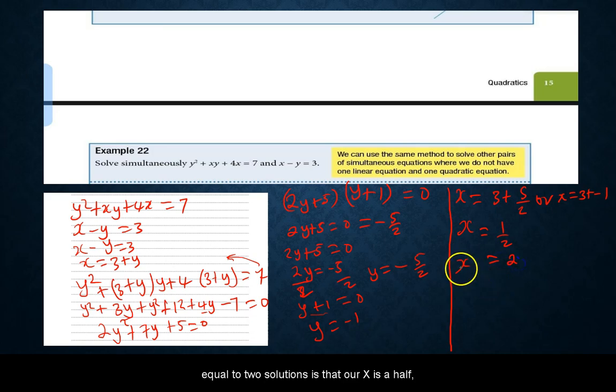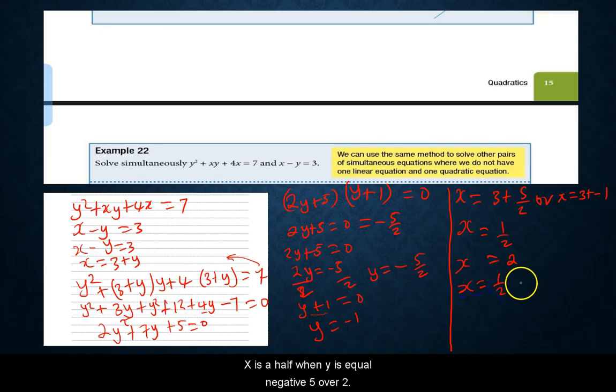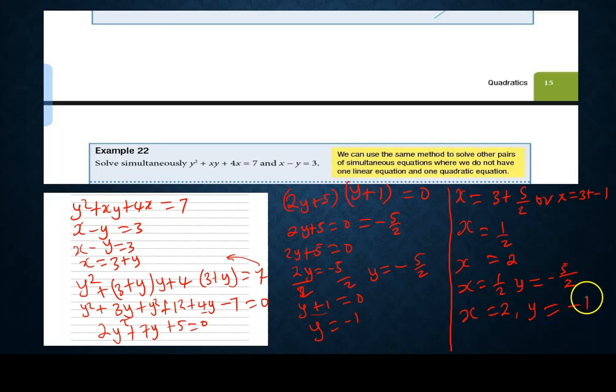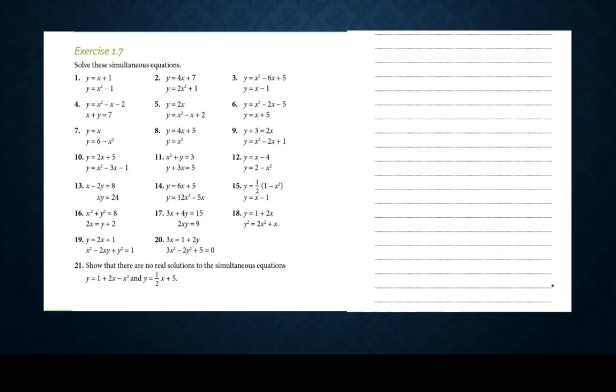The solutions are that x is a half when y is equal to negative 5 over 2, or x is equal to 2 when y is equal to negative 1. So this is how you are supposed to solve that.